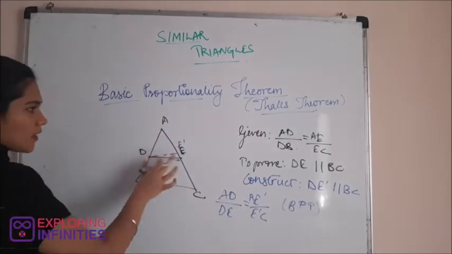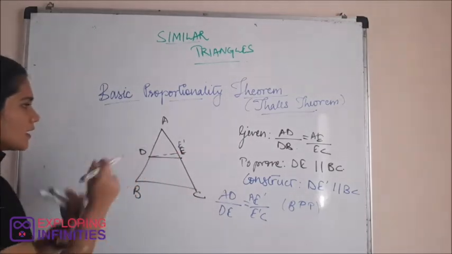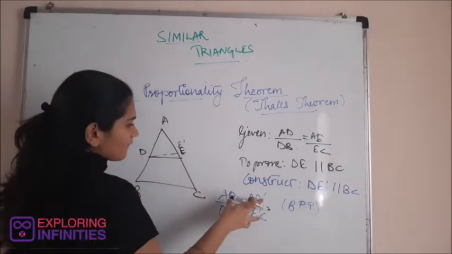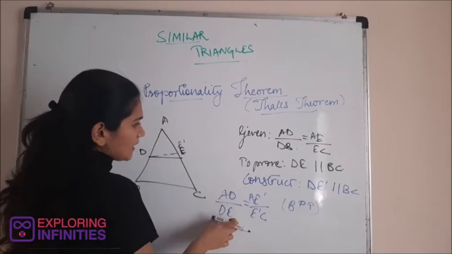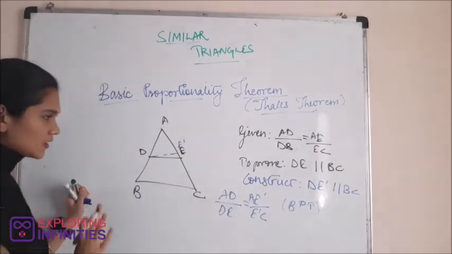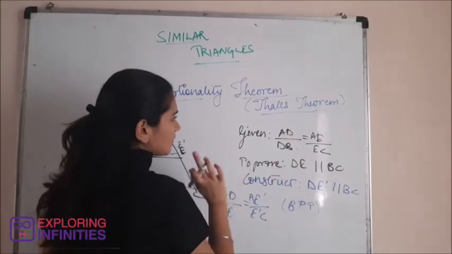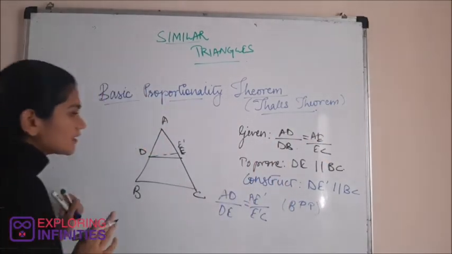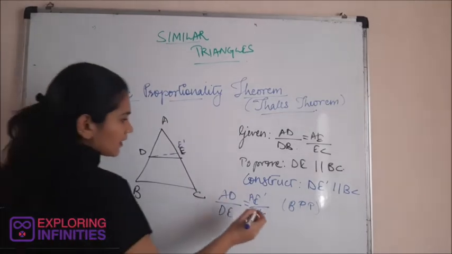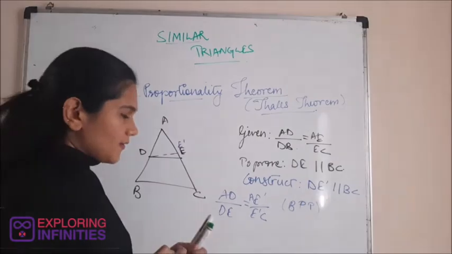That is what we found out, that if a line is parallel, then the ratio in which it divides the other two sides is equal. So we have AD divided by DB is equal to AE dash divided by E dash C, and we also know that AD divided by DB is equal to AE divided by EC. So we can say that E and E dash are nothing but the same points.